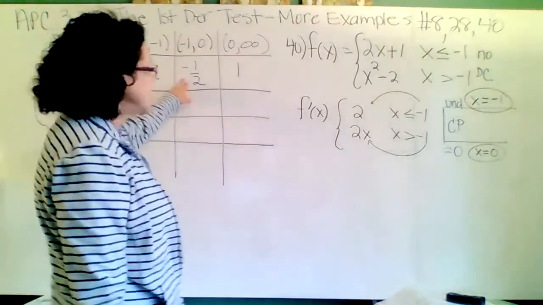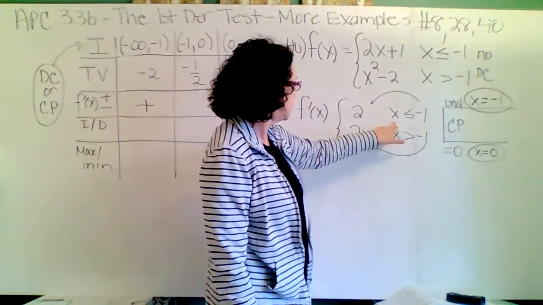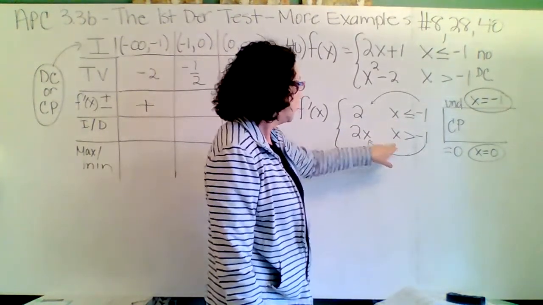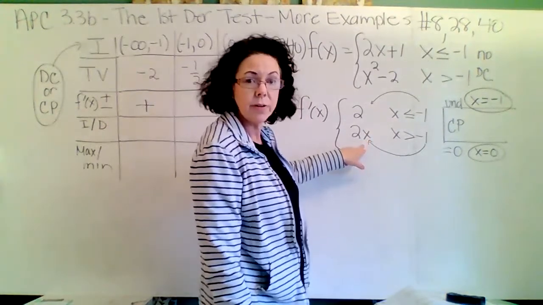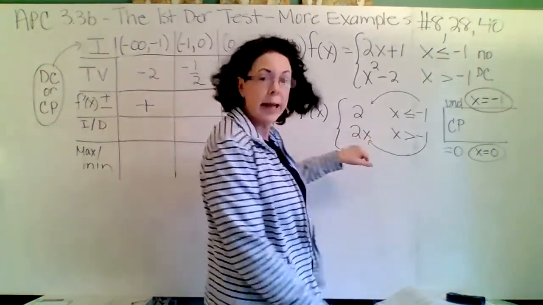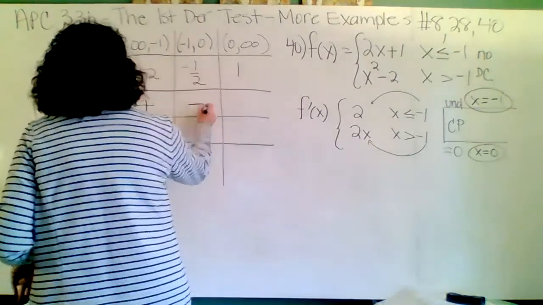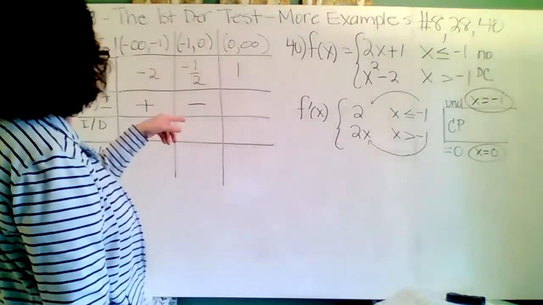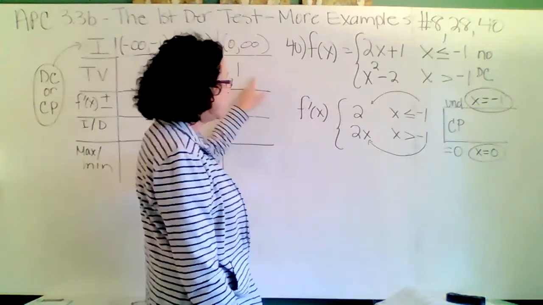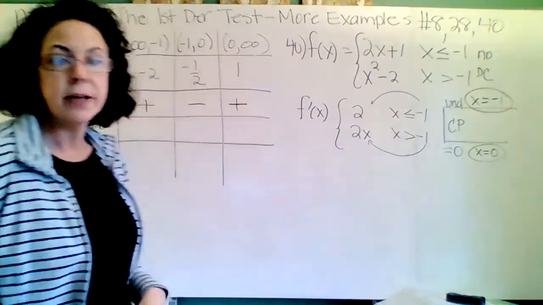When we're at x equals -1/2, notice -1/2 is not less than or equal to -1. -1/2 is greater than -1, and so this is the derivative that's happening, and we get a negative out for the derivative. From 0 to infinity, our test value is 1. Notice this is the function that's going on, and we have a positive here.